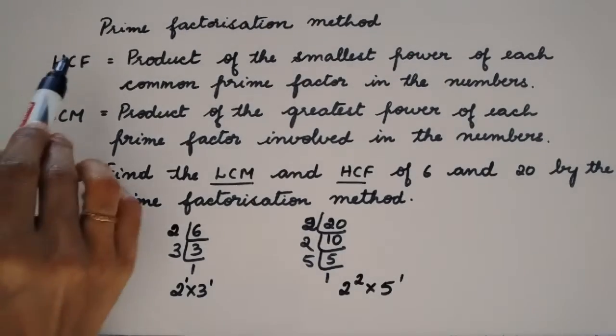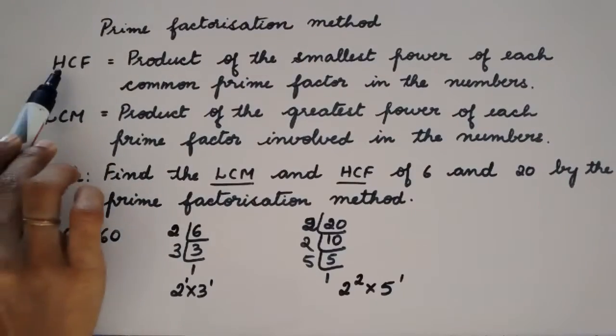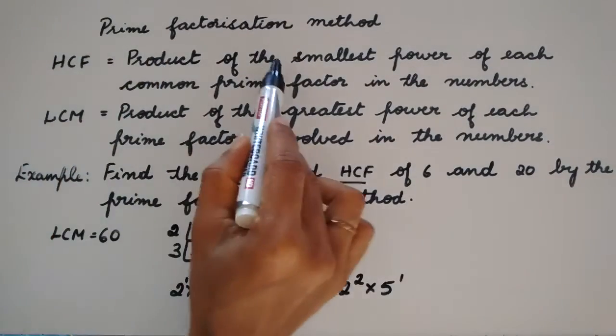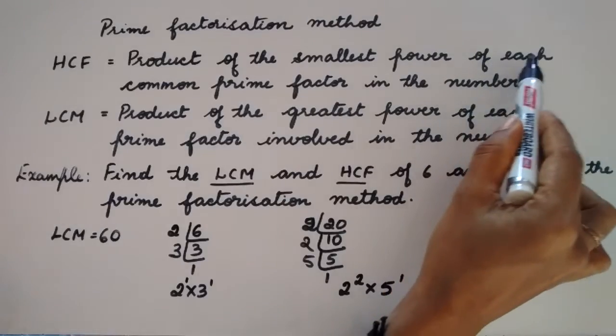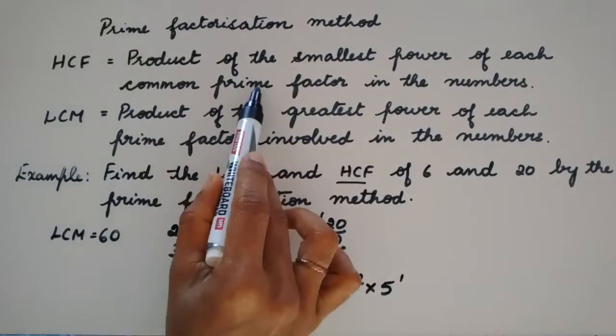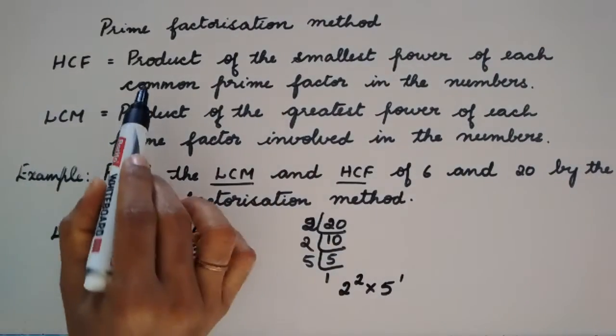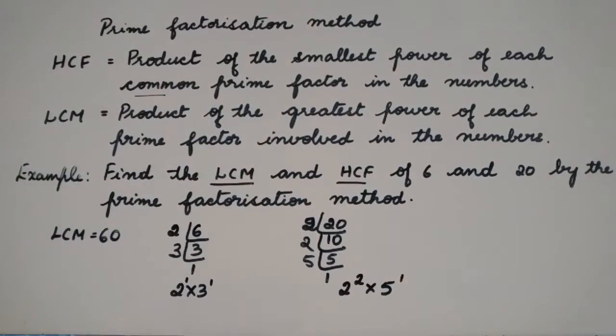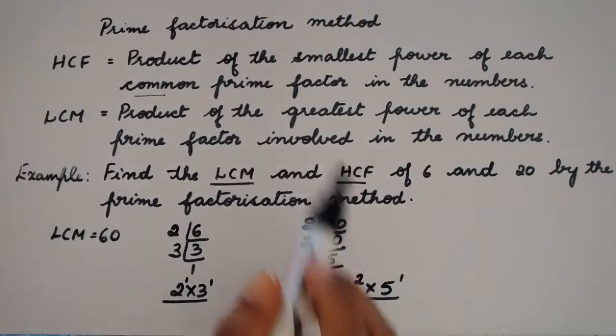Okay, now see the definition of HCF here. Product of the smallest power of each common prime factor. Remember this, common prime factor. Now look at both the prime factorizations here. Which is the common prime factor in both? It is 2, isn't it, students? Yes.